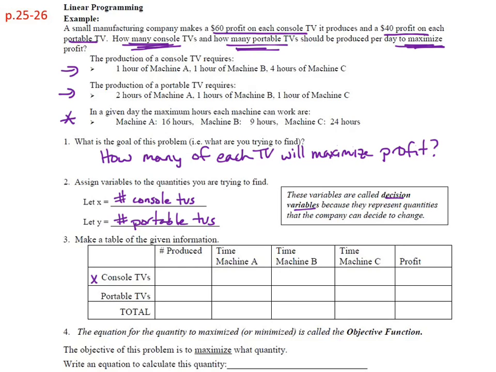So remember we said console TVs was X, portable TVs is Y. So looking back at our information, to make one console TV, we need 1 hour at machine A, 1 hour at machine B, and then 4 hours at machine C. To make one portable TV, we need to spend 2 hours at machine A, 1 hour at machine B, and 1 hour at machine C. Now the machines are limited, so this total we're talking about the number of hours for each machine, so the total time per machine.